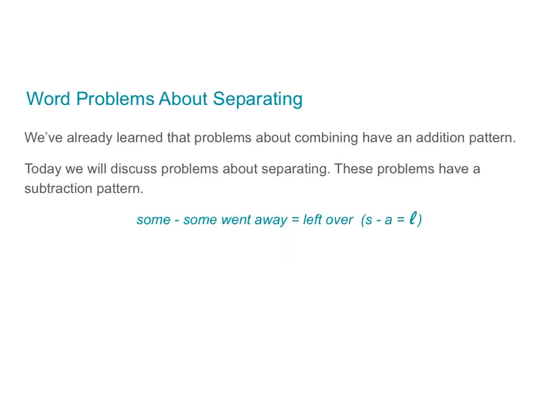So the very first one that you see says we've already learned problems about combining have an addition pattern. Okay, so when we write an equation that deals with combining, we will always have a plus sign. But do we use addition to actually solve those problems? If, for example, we have like 25 plus n equals 75, are we actually using addition to solve that combining word problem?